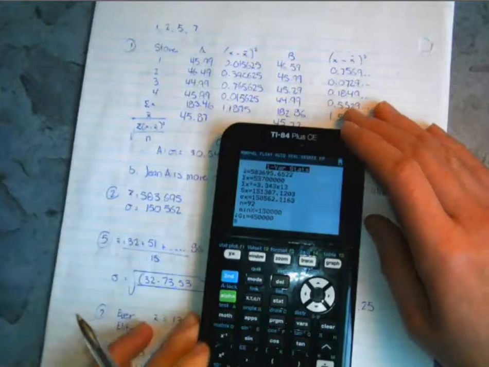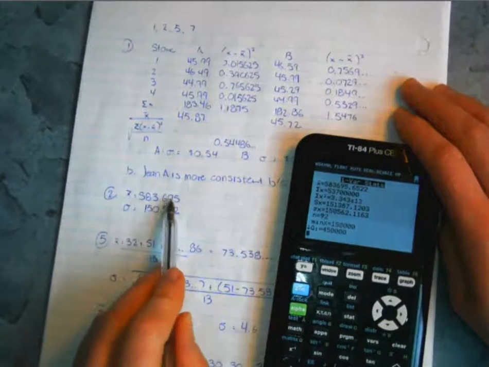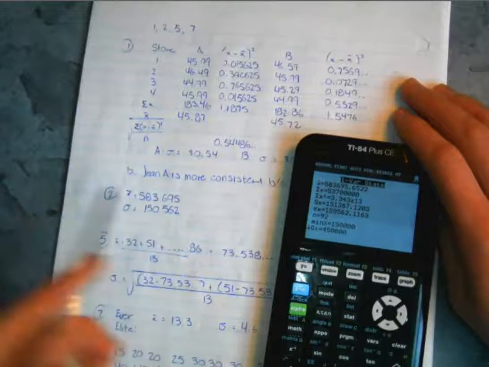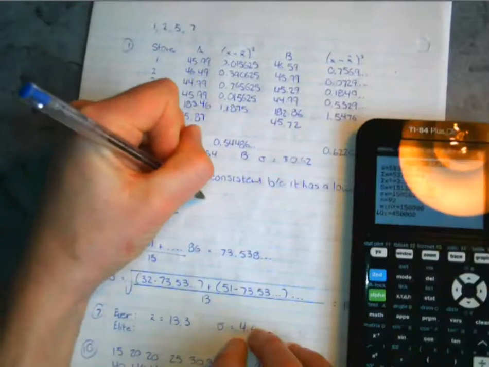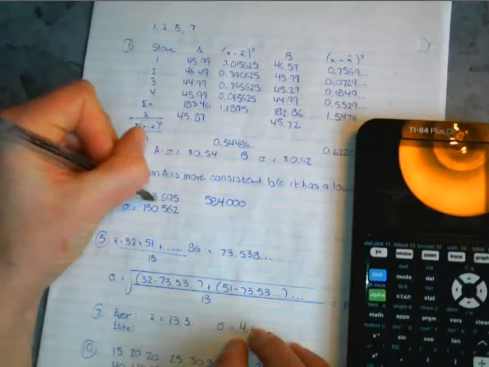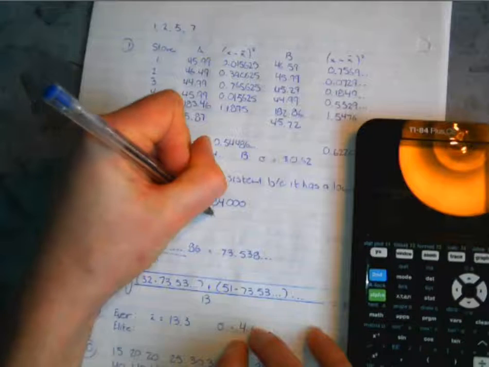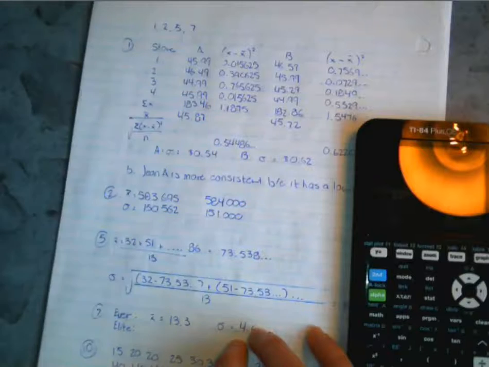Okay, I'm not going to worry about the decimals because we're rounding to the nearest 1,000. So rounding to the nearest 1,000, we're at 695. So we're going to be at 584,000 is the mean. And then for this one, because we're at 562, we're going to round that up to 151,000. Okay.